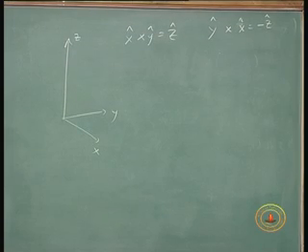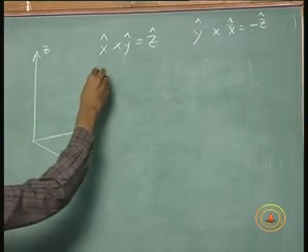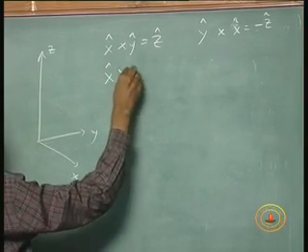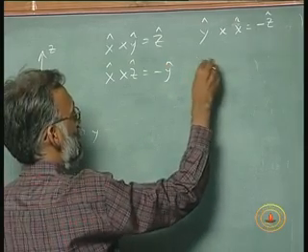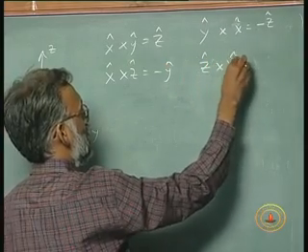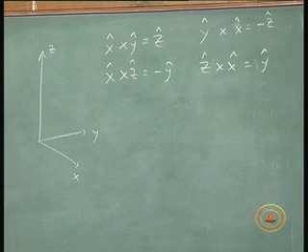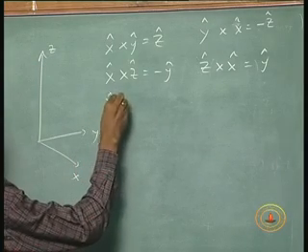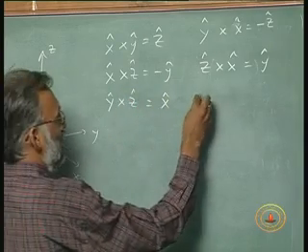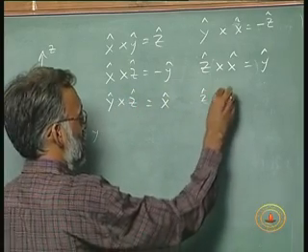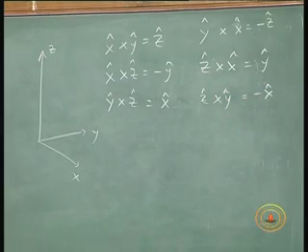If you do x hat cross z hat, you will see that it is minus y hat, and similarly, if you do y hat cross z hat, you get plus x hat, and z hat cross y hat gives you minus x hat.